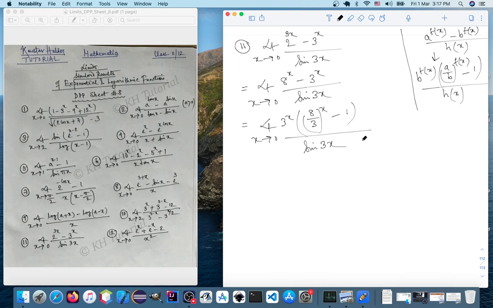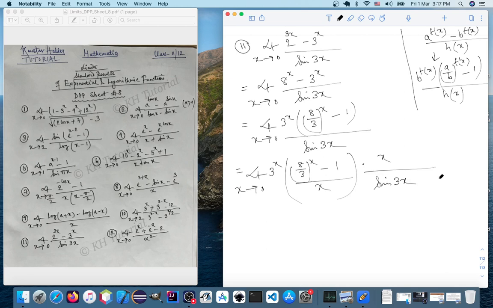I hope I did it right. Then you divide 8 to the power x by 3 to the power x, yeah, 8 by 3 to the power x. Now we have to create the standard form. 8 by 3 to the power x minus 1, we have to have the x. We have to adjust x and sine 3x.